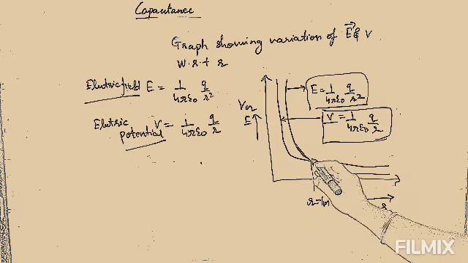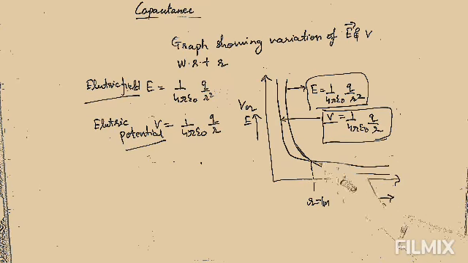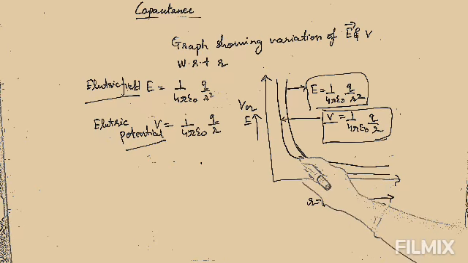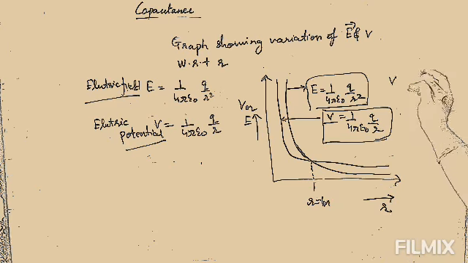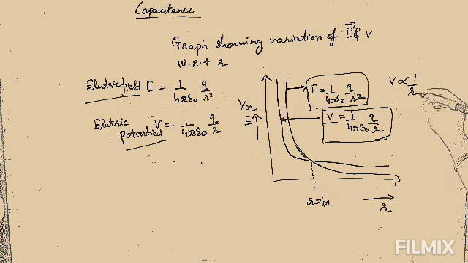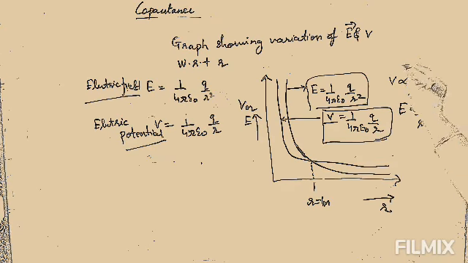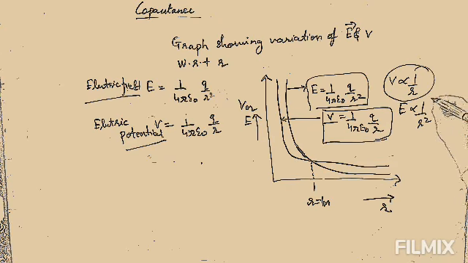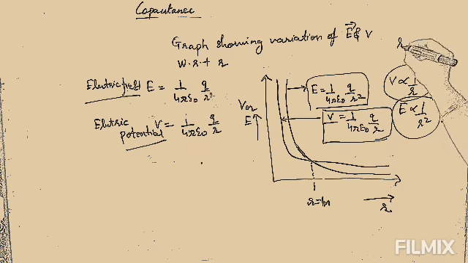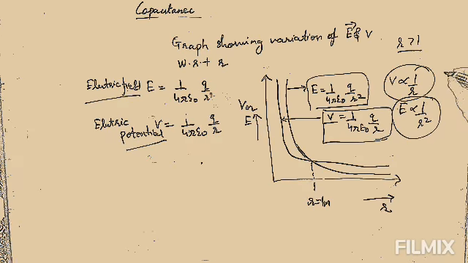But when the distance increases further, electric field decreases more than potential. The reason behind this is potential is inversely proportional to distance, but the electric field is inversely proportional to the square power. So for the greater value of r greater than 1, decrease is less in potential, more in electric field.